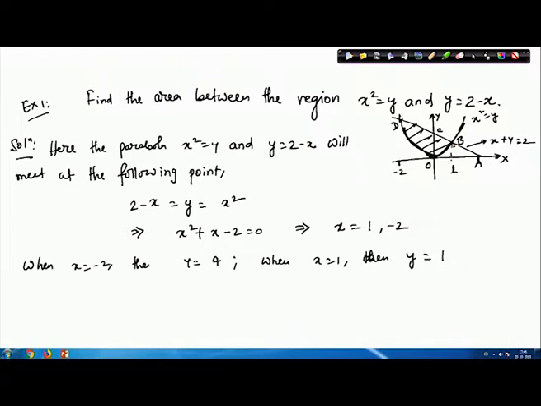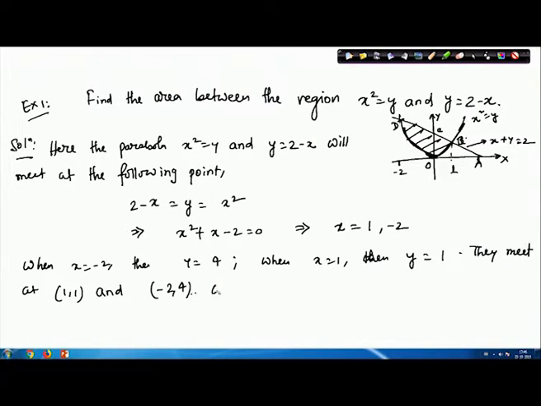So that means they are intersecting at the point (1, 1). So they meet at (1, 1), all right, and (minus 2, 4). So these are the 2 points they are meeting. Now let's calculate the area in this way.